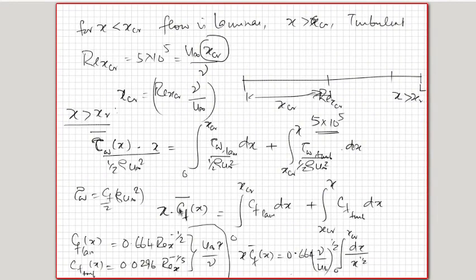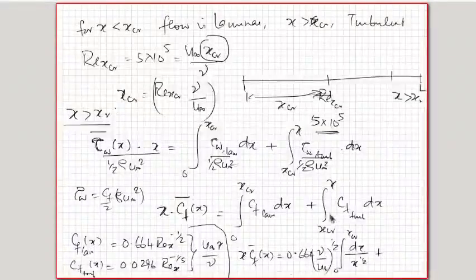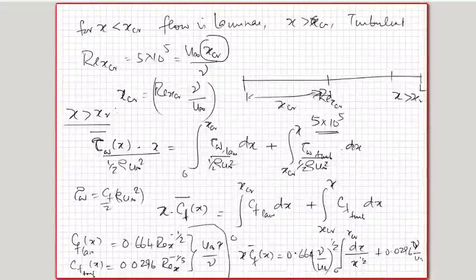So this is the first part of it. Plus similarly, you will get 0.0296 into nu by u infinity raised to the power of 1 by 5 multiplied by the integral from x critical to x of dx divided by x to the power of 1 by 5. Okay, so you have the laminar part of it and the turbulent part of it.